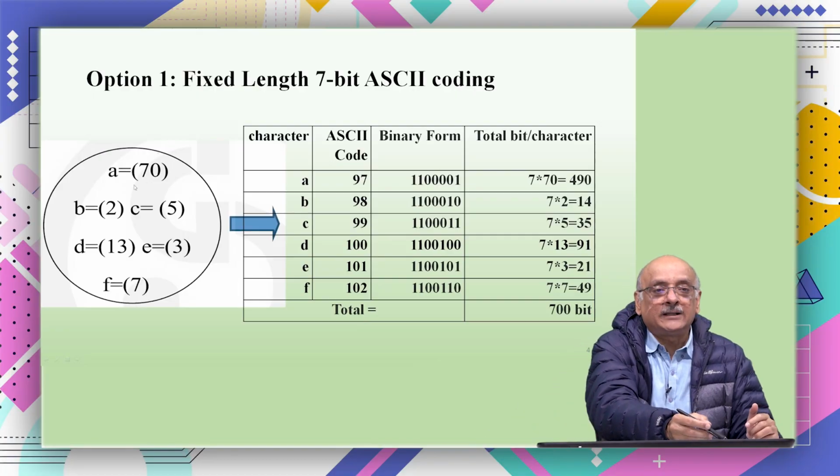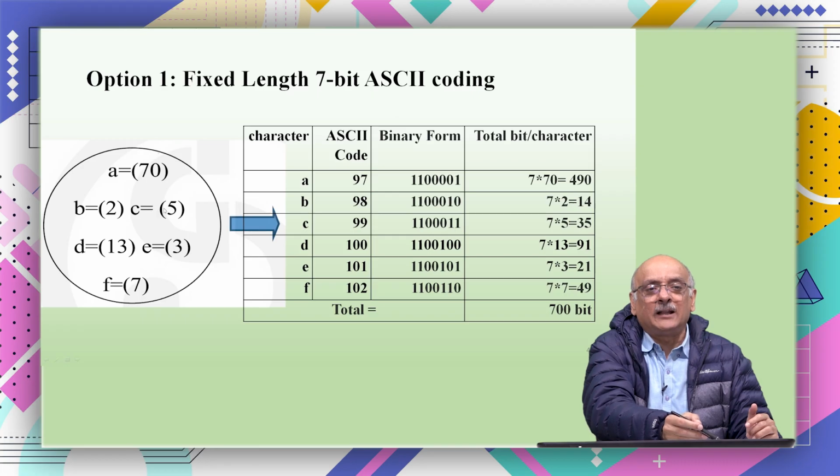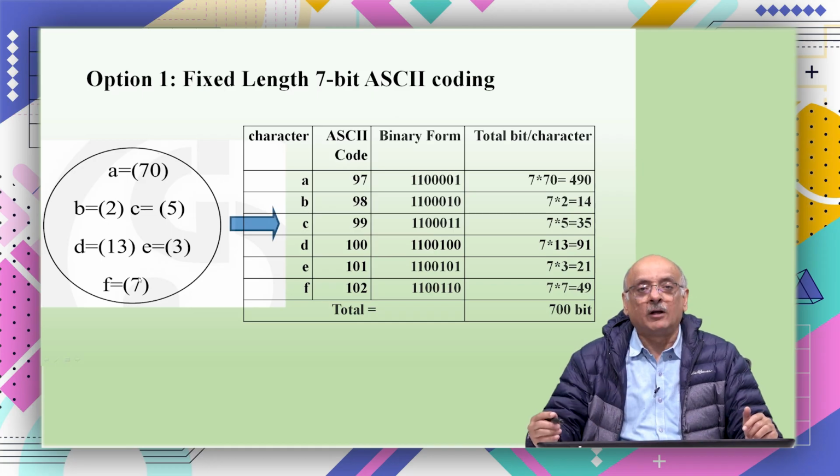Now, those alphabets can be different characters, but let us assume they are just alphabets, and the frequency of those alphabets, assuming that the frequency of A is 70, the frequency of B is just 2, frequency of alphabet C is just 5, frequency of alphabet D is 13, and frequency of alphabet E is 3 and F is 7.